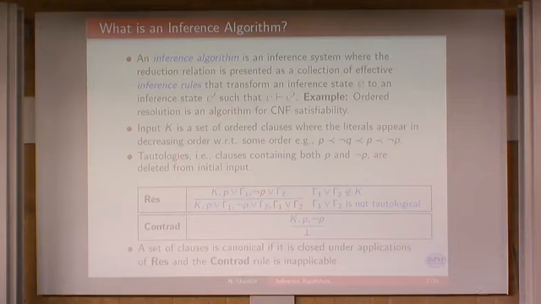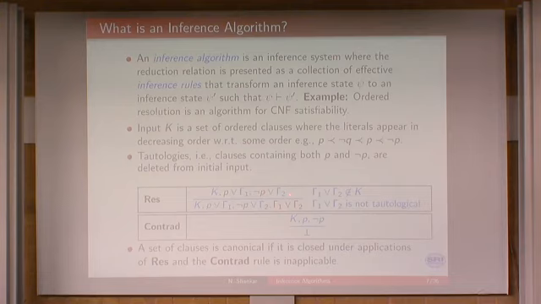Then in each step you take a clause of the form P or gamma 1 and not P or gamma 2, and you resolve them to get gamma 1 or gamma 2 as a new clause, that is, you add it to the other clauses. But you have to make sure that gamma 1 or gamma 2 is not tautological, because that could happen. There might be a Q here or a not Q there. In that situation, you don't generate it.